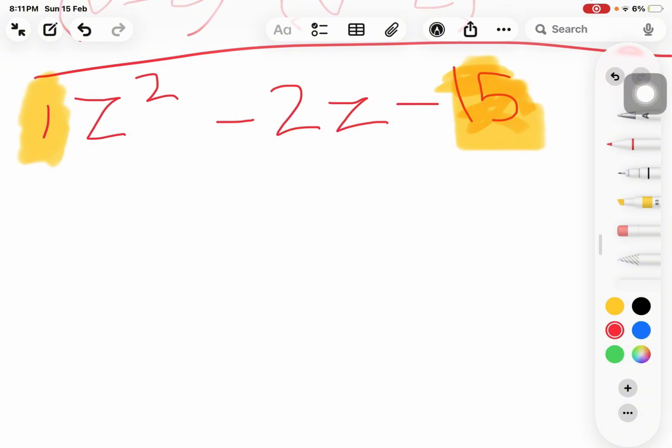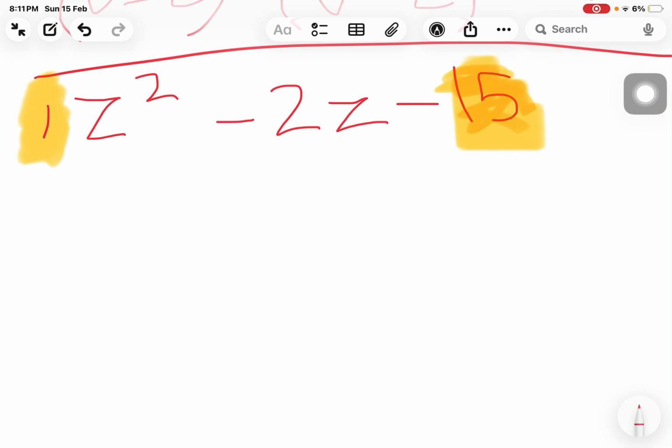So 15 times 1 is 15. Yes. Which two numbers give you 15? 3 and 5. Negative 3, negative 5. Negative 3 and 5.